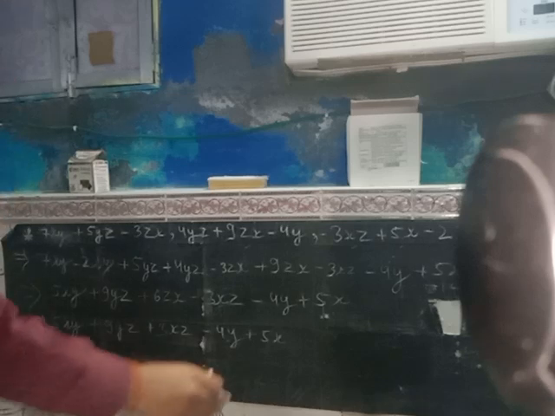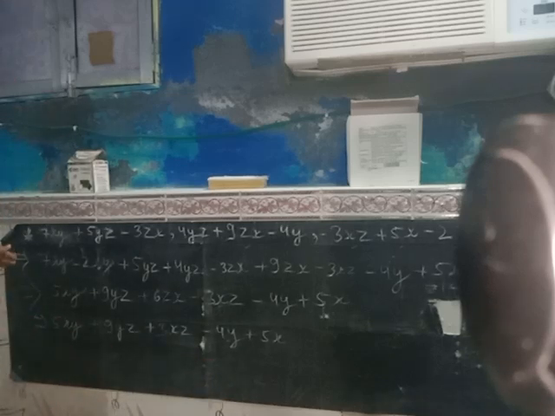So first I put like terms in one place, and then I did addition and subtraction. You can see, I did both. And the answer is 5xy plus 9yz plus 3xz minus 4y plus 5x.